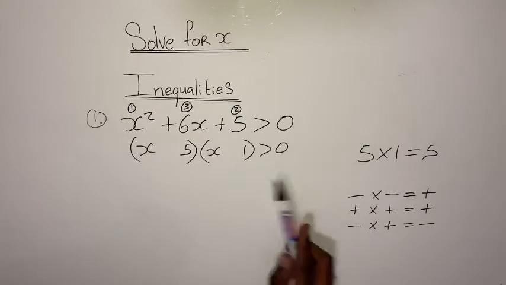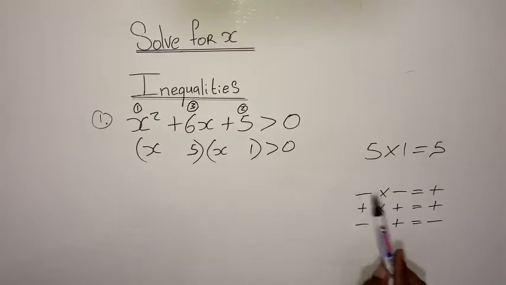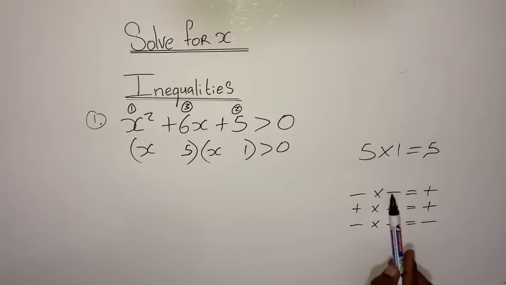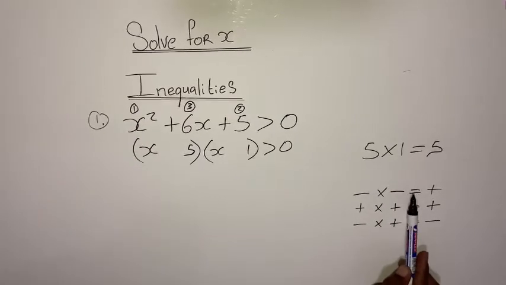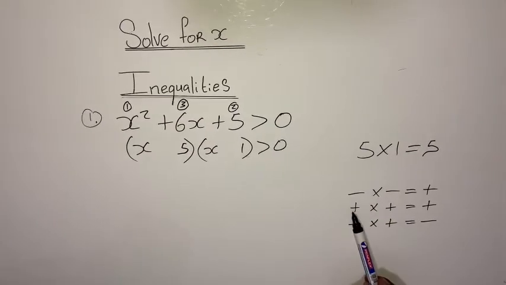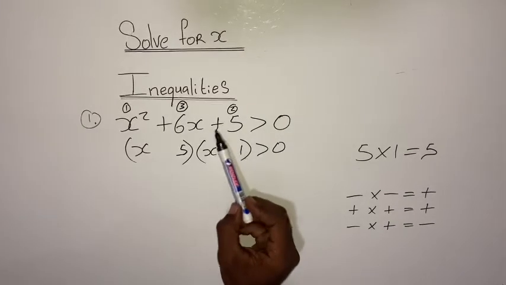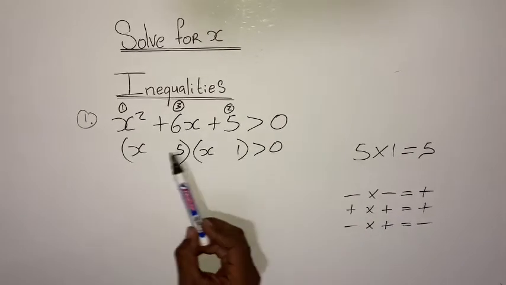So we forever treat the sign of our constant as though it's a sign that we got from multiplying either the same sign, which is a negative and a negative, or a positive times a positive. So if your constant is positive, it means that your brackets will have the same sign.